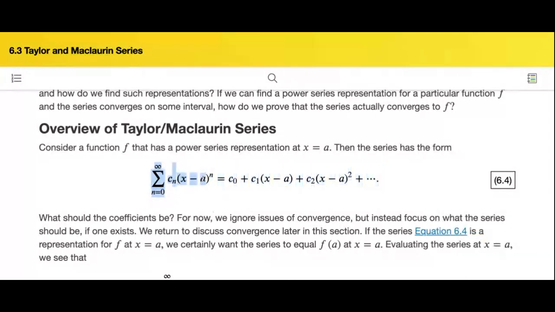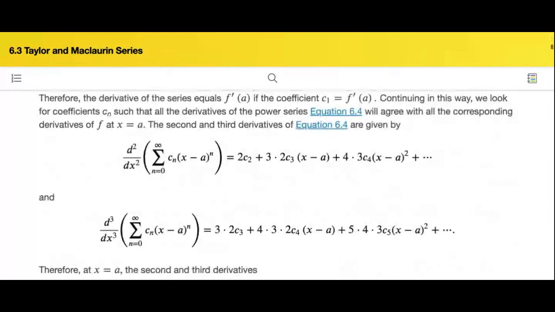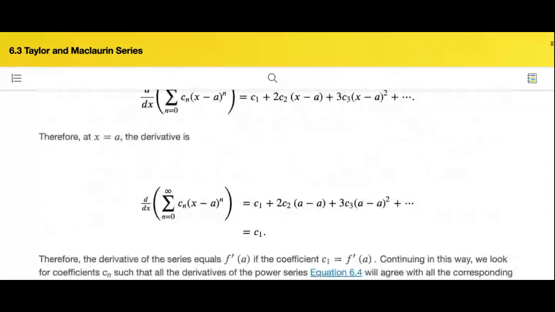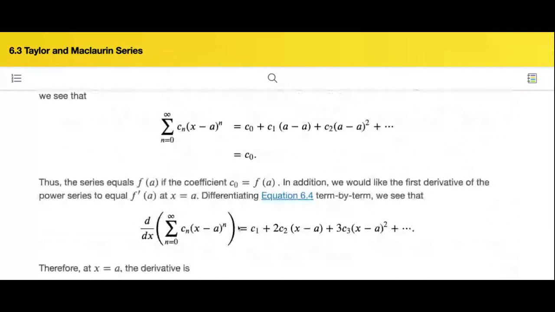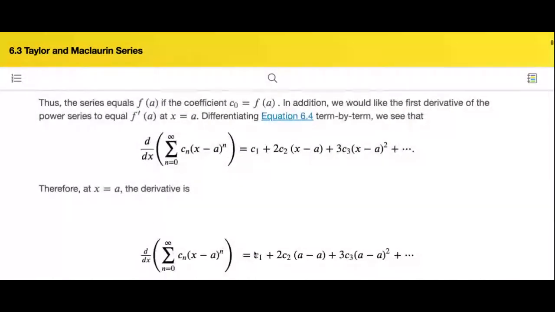When the center is not 0, we call it a Taylor series. When a equals 0, we call it a Maclaurin series. Okay, coming from the power series family, now let's talk about Taylor series. Here we did a calculation to say that c_n is closely related to the derivatives.